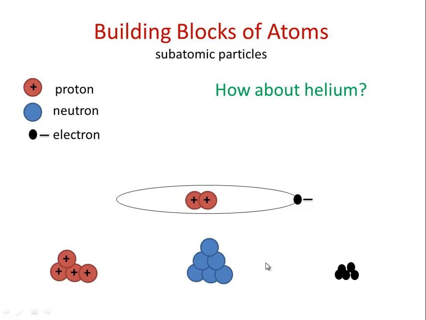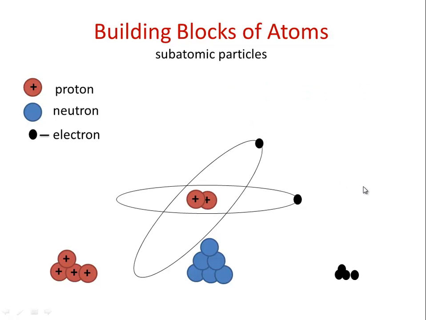Are we done? No, of course not. We now have an excess of positive charge, so we're going to need to bring an electron up here, and now we have a neutral charge again. Our charges are balanced between positive and negative. So when you make an atom of helium, you need 2 protons in the nucleus, and you need 2 electrons.